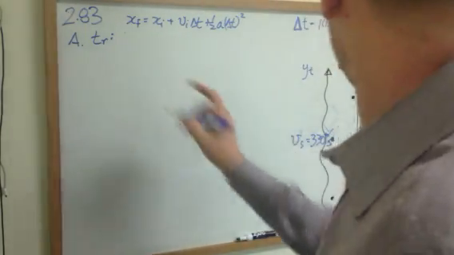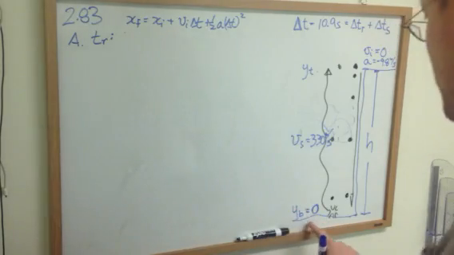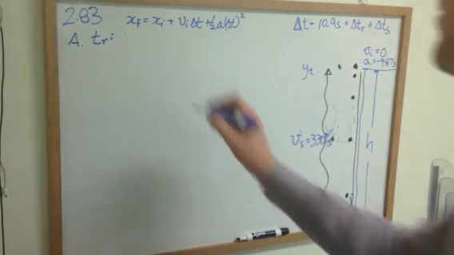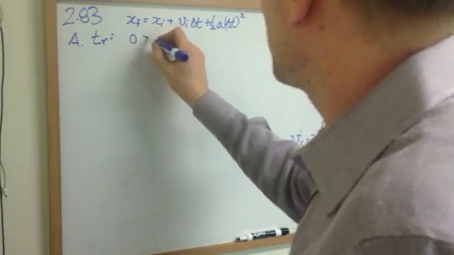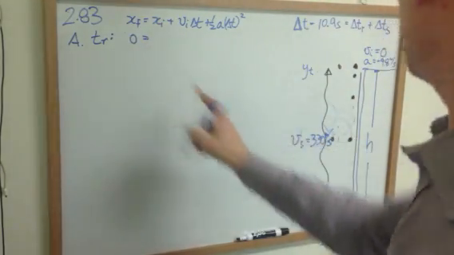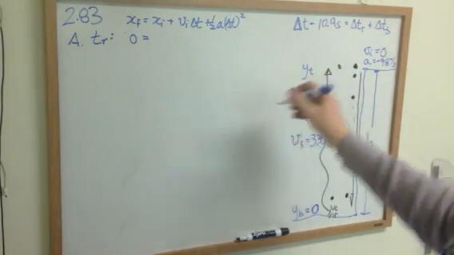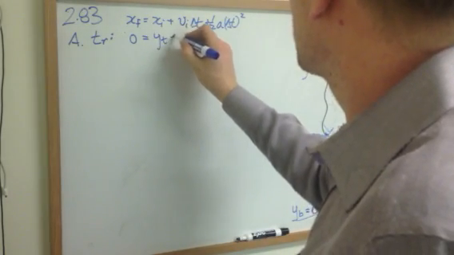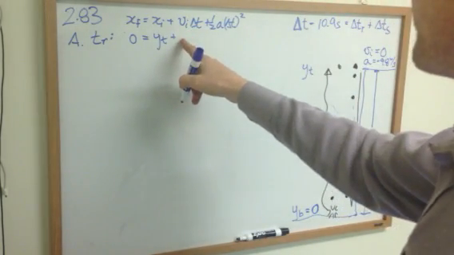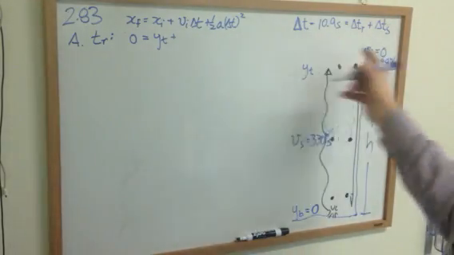Now for us, our y final is the bottom, which is 0, and our initial position here is y top, plus initial velocity is 0.